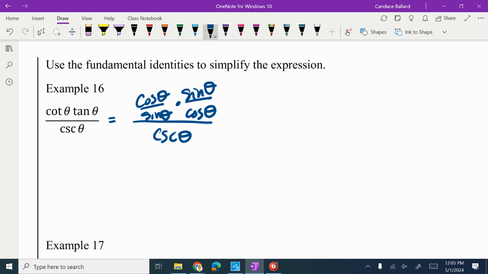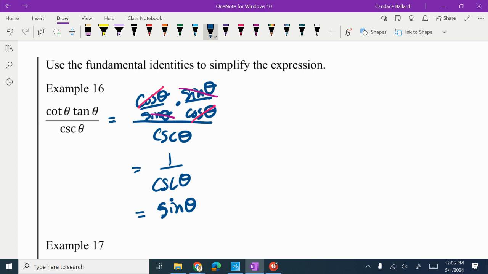What do you notice happens with the numerator? The cosines cancel, the sines cancel, so my numerator becomes 1, and my denominator is still cosecant theta. What's 1 over cosecant theta equal to? It goes back to sine theta. Good. Any questions on that one?